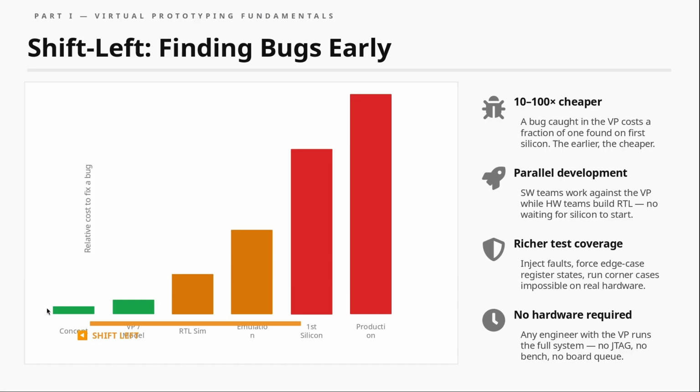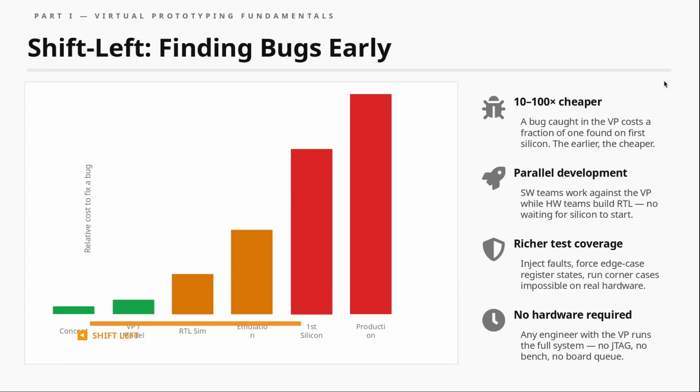So in the concept or in the VP phase itself, if you happen to find bugs in your design or your assumptions, then since VP is ultimately software, you get the benefits of software there. It takes nothing to fix that bug, or at least nothing to identify it. Whereas if you find it later on, then it's a huge cost.